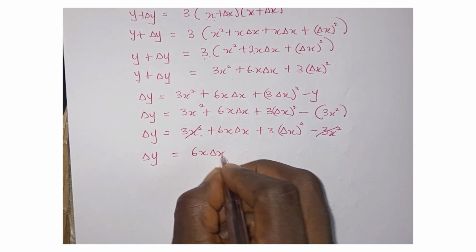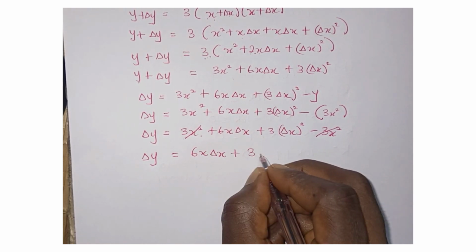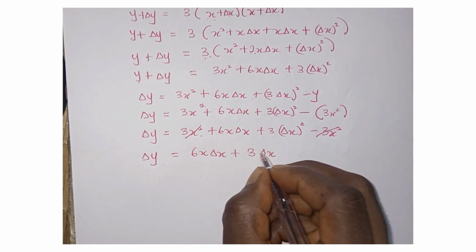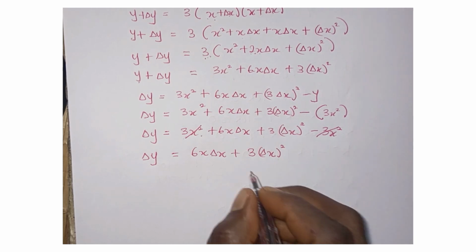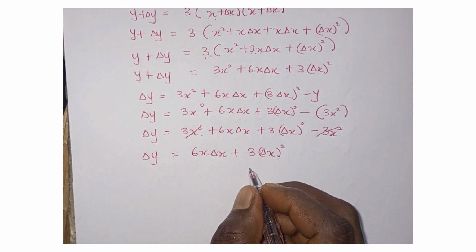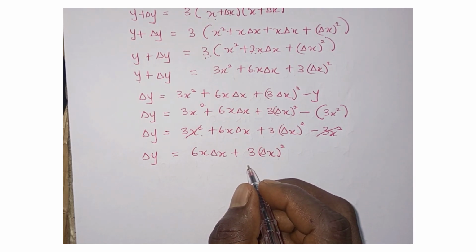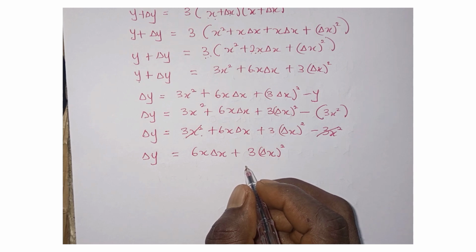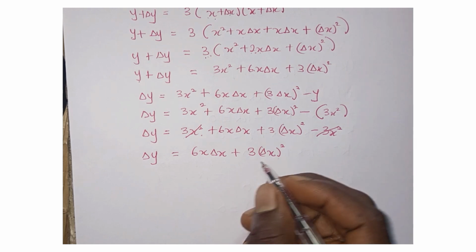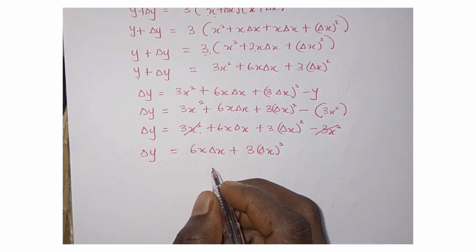What am I looking for? I'm looking for dy dx. And dy dx is change in y over change in x, because derivative means dy dx. Now from here, the next thing to do is to divide through by change in x.